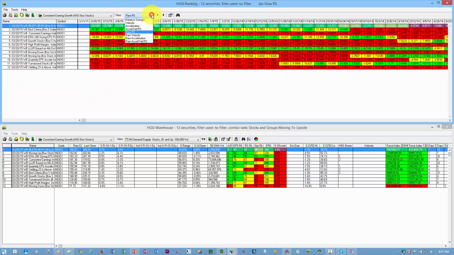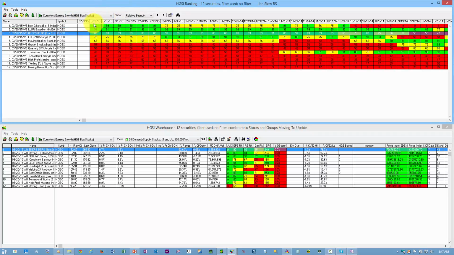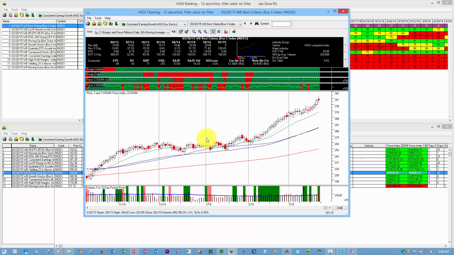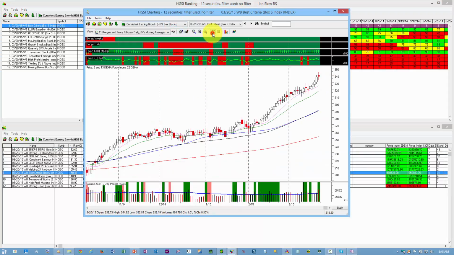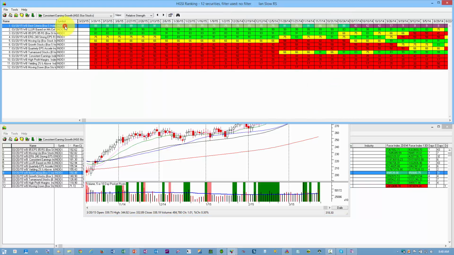Where has the strength been long term? And if we sort on this, now the market's open and it's starting to build this column right here already, so don't pay any attention to that column. But the best criteria, you can see that this has been the strongest group over that time period, which is based upon 6 months with 70% of the emphasis on the last 3 months.